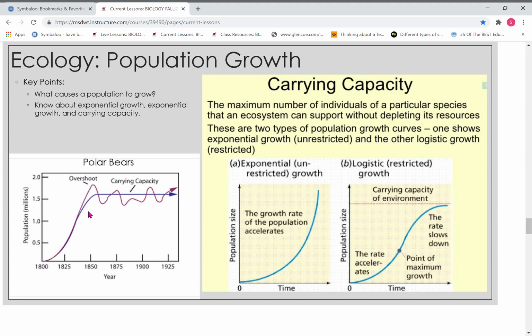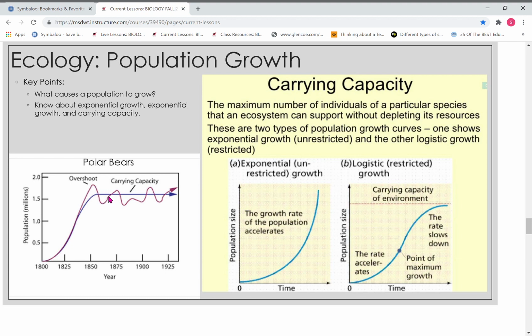If we look at the polar bears, there's an imbalance as they go over. It says overshoot. When they go above the carrying capacity, that means that they have exceeded their relationship with predator-prey, which means that the prey are probably dying off. So then as it dips back down to carrying capacity, that's where the polar bears are starting to die off.